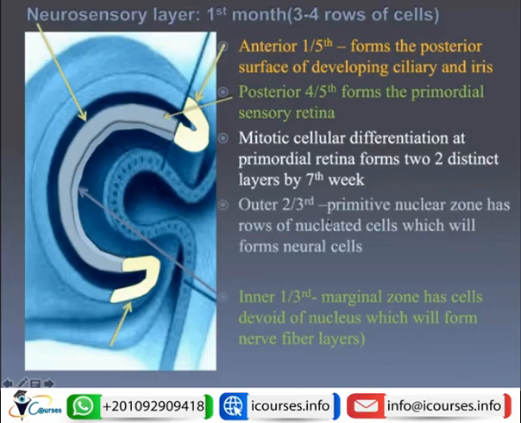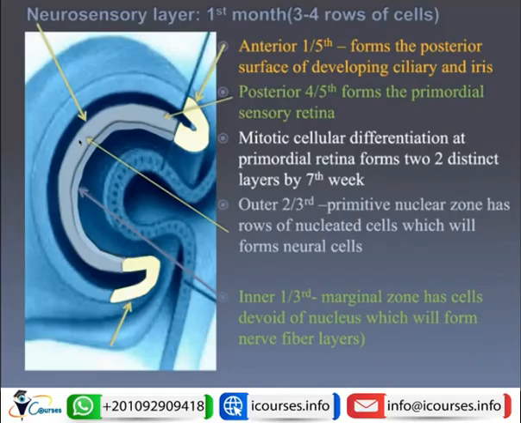However, the outer two-thirds of the inner layer of the optic cup will form the primitive nuclear zone. This primitive nuclear zone will later form the nucleated cells that will form the neural cells of the retina.